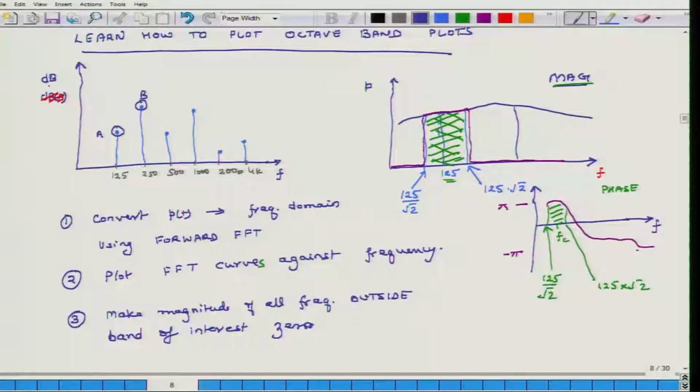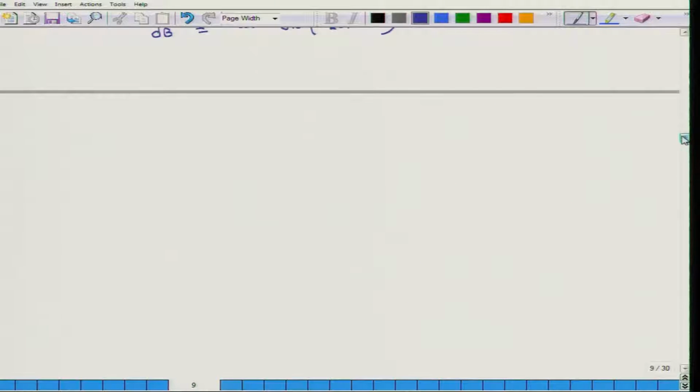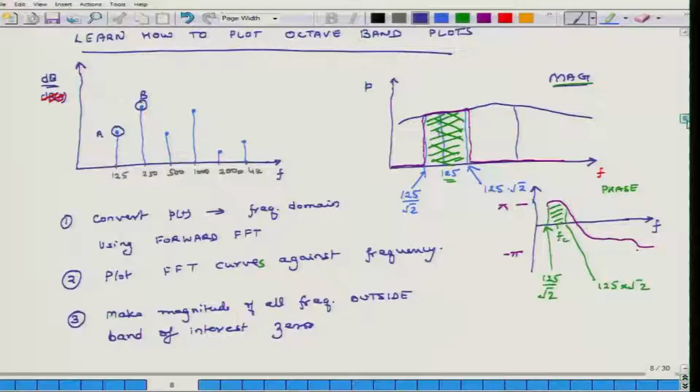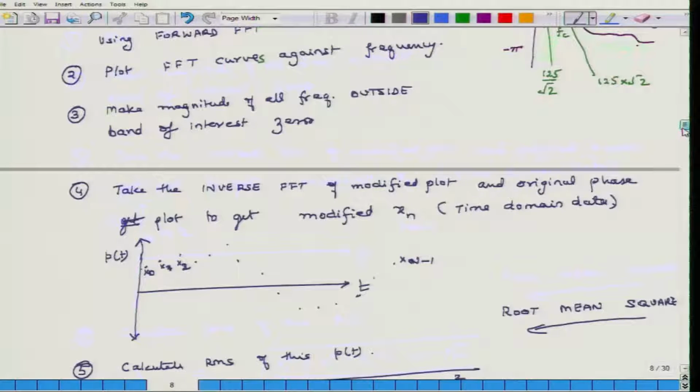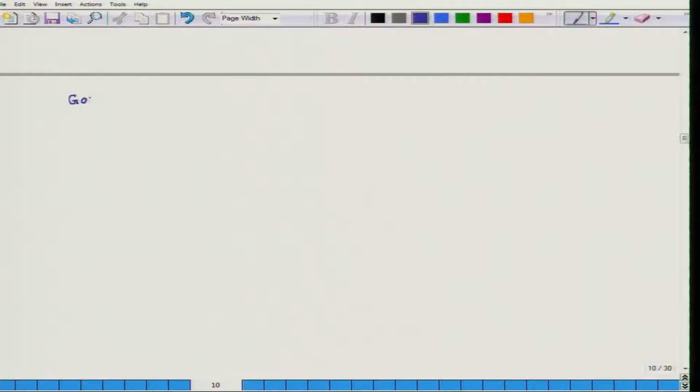And in this case we have learned how to construct a plot where on the y axis you have dB and on the x axis you have frequency. But we have two types of plots. One is where on the y axis we plot dB and in the other case we plot dBA. So, now we will learn how to make a dBA plot. So, the goal is to make this plot.